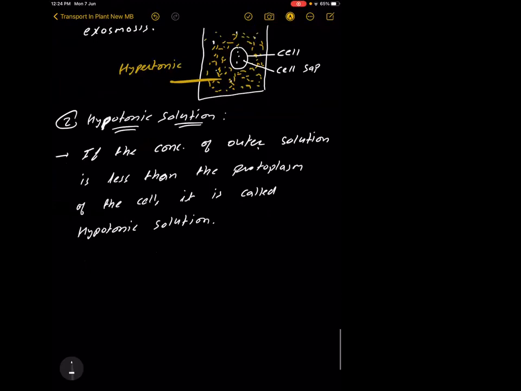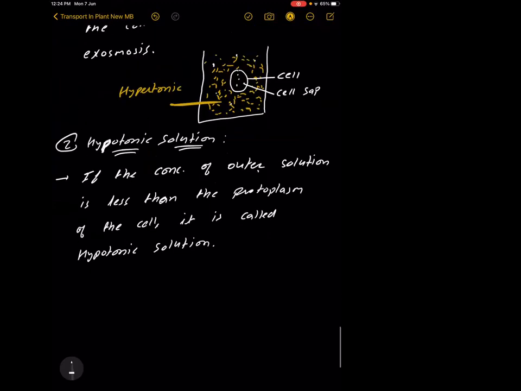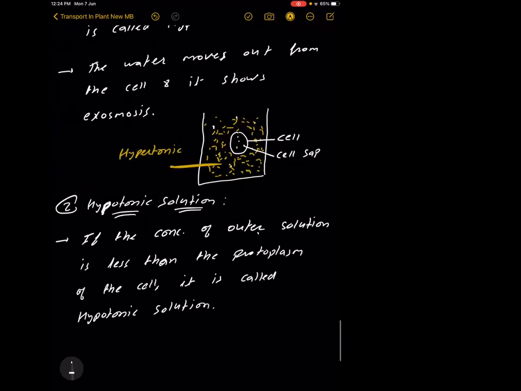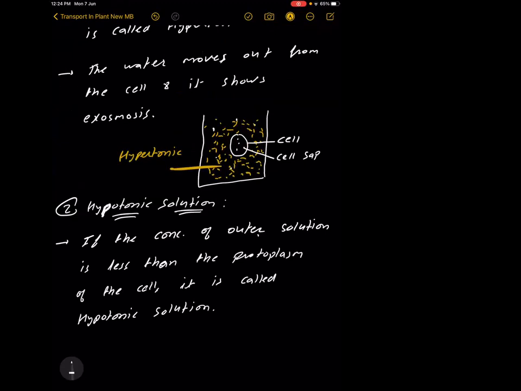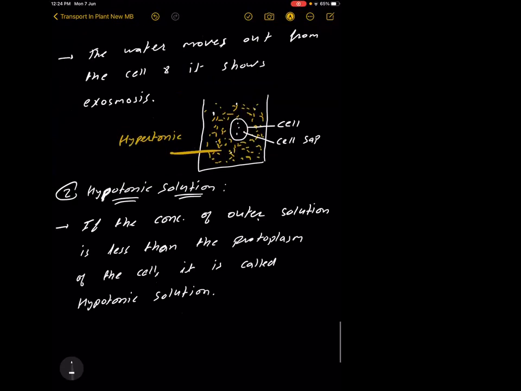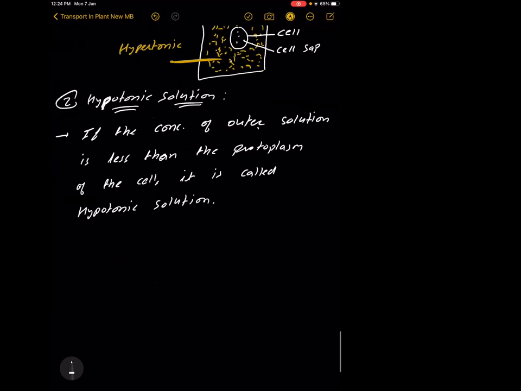In this case, water enters the cell because now the cell is more concentrated. So water enters the cell. Sir, here water moves from lower concentration to higher concentration.